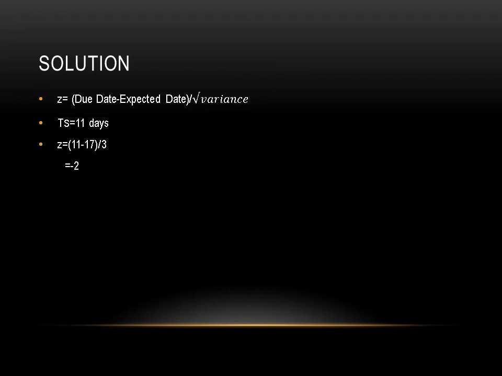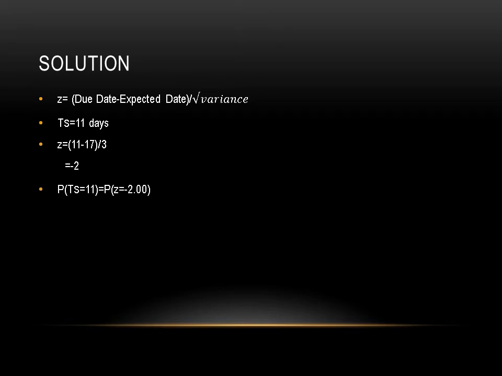How? Because TE, if we add TE in the entire column, we get 17 days. And in the question, it was asked 6 days earlier than the expected date. So 17 minus 6 is 11. So Z is equal to 11 minus 17, divided by 3. So that became minus 2.